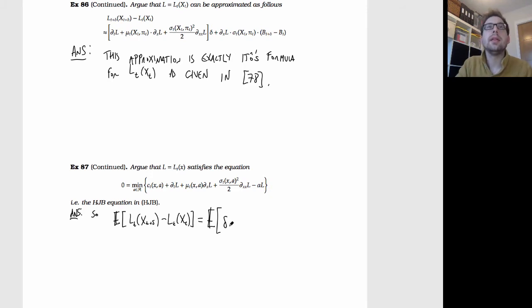So, the partial derivative with respect to time of L, where L means L of t of x of t, plus mu, where mu means mu of t x of t times pi, times the partial derivative with respect to x of L, plus sigma squared divided by 2, and then second order derivatives of L. All of that is going to be multiplied by delta.